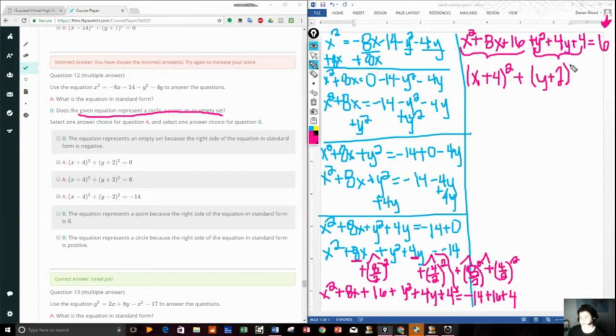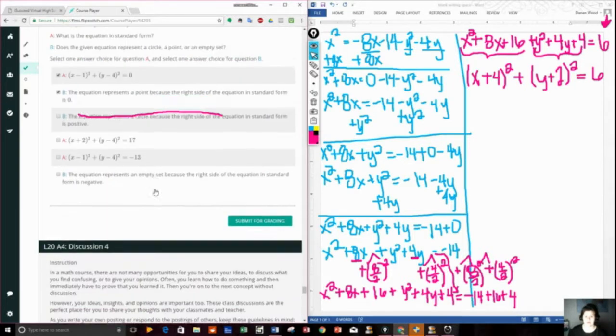And that's going to be squared, and that's going to equal 6. Alright, so we're looking for x plus 4 squared plus y plus 2 squared equals 6, and that's there. And the equation represents a circle because the right side of the equation in standard form is positive.